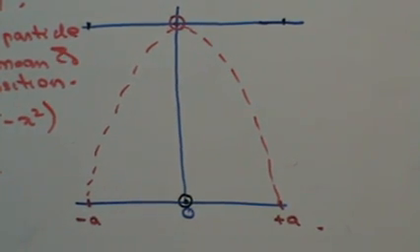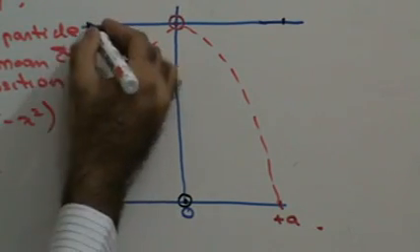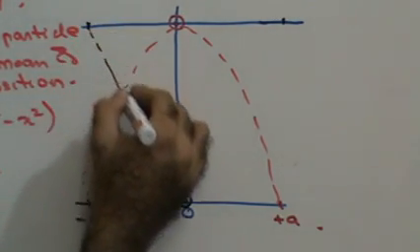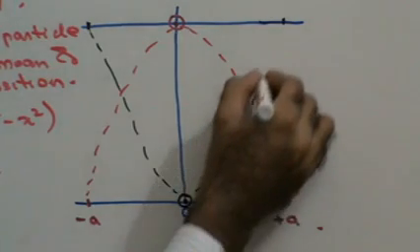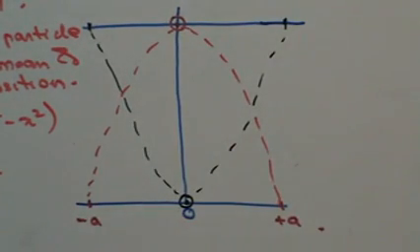Now if I draw the graph for this, it will come out something like this. So what we see is that as kinetic energy starts increasing, potential energy starts decreasing. So this is my potential energy, right?